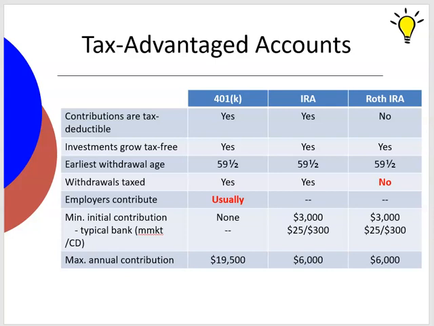So if you put money in the account, the employer will match it. Sometimes it's dollar for dollar, sometimes it's 50 cents on the dollar, but they match it. That's huge. That is free money. You just have to take advantage of that. That's one of the best things going. You can see here the contribution limits. Those change.